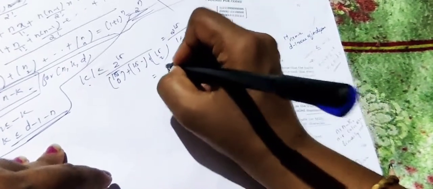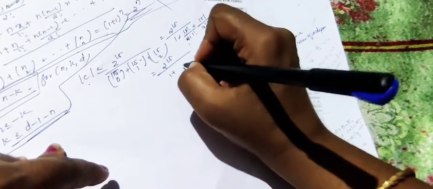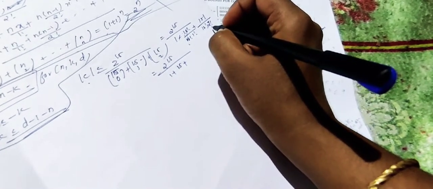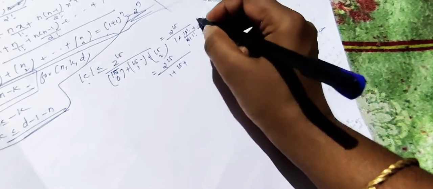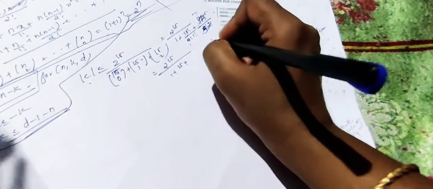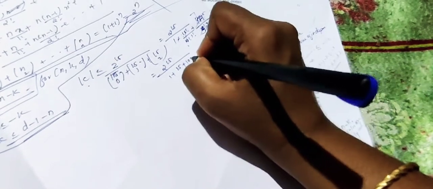Which is equal to 2 raised to 15 divided by 1 plus 15 plus 14 into 15 divided by 2, that is 7 into 15, which is 105.